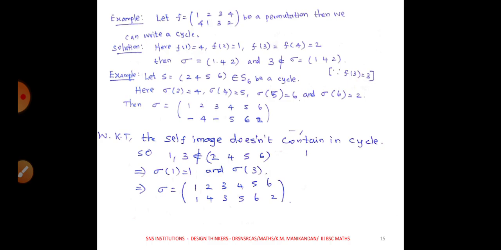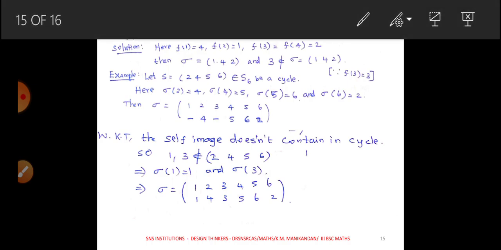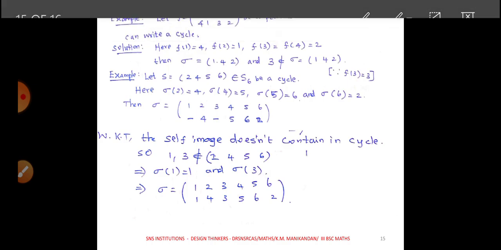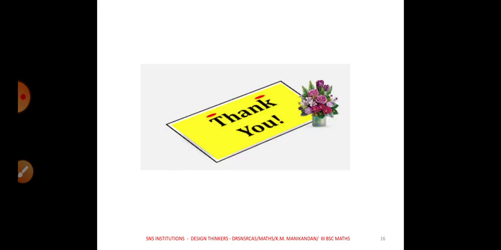These self images will not appear in the cycle. Here the self images of 1 and 3 do not belong to the cycle (2 4 5 6). Here sigma of 1 equals 1 and sigma of 3 equals 3. Finally, we can write the permutation sigma as 1 mapped to 1, 3 mapped to 3, and 2 mapped to 4, 4 mapped to 5, 5 mapped to 6 and 6 mapped to 2.